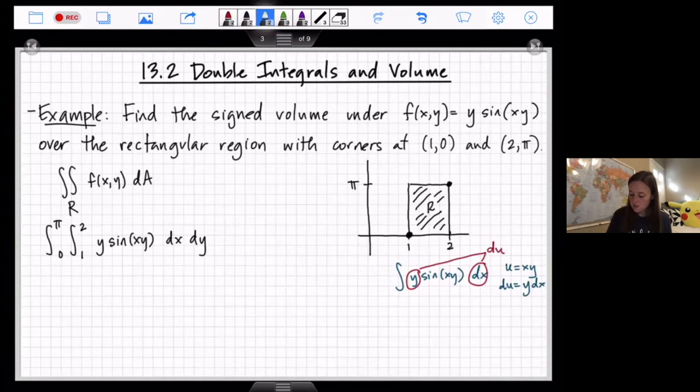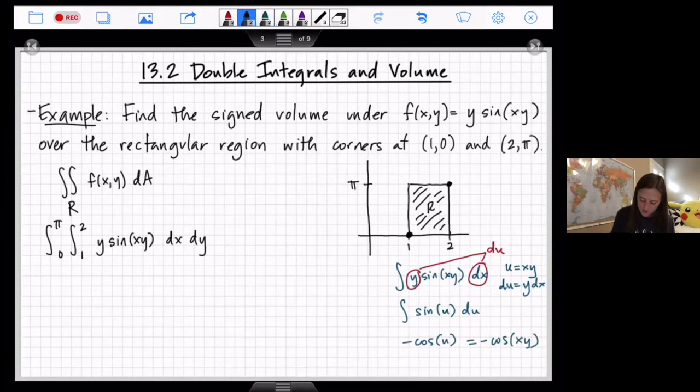So this would be the integral of sine u du. That's really easy, right? Negative cosine u, which is going to be negative cosine xy. So that's my antiderivative. Over on the left, the 0 to π integral is just hanging on until I'm done. I've got negative cosine xy, evaluated from 1 to 2, with dy hanging out like the bookends with its integral from 0 to π.